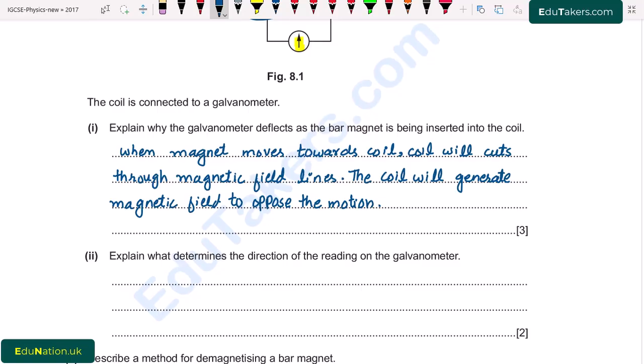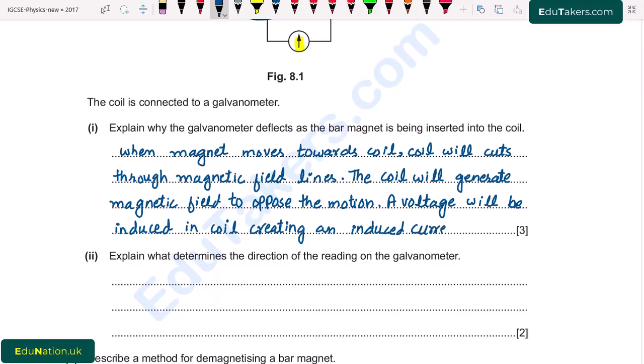A voltage will be induced in the coil, creating an induced current that is detected by the galvanometer. So in this way the galvanometer shows deflection.